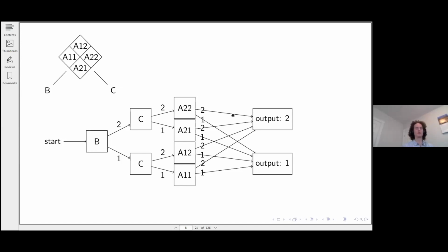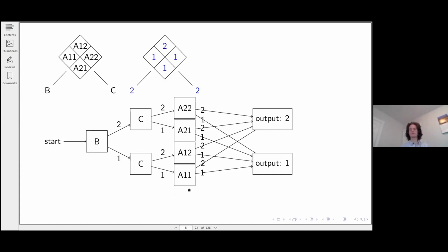So the first state in our branching program queries the first leaf, B, and depending on the output, we go to one of the states in the next layer, which will then query the leaf C. Depending on the output of that, we end up in one of 4 states in the third layer, and each of these 4 states queries a different cell of the table of the root node. And finally, based on the result of that query, we end up outputting either 1 or 2.